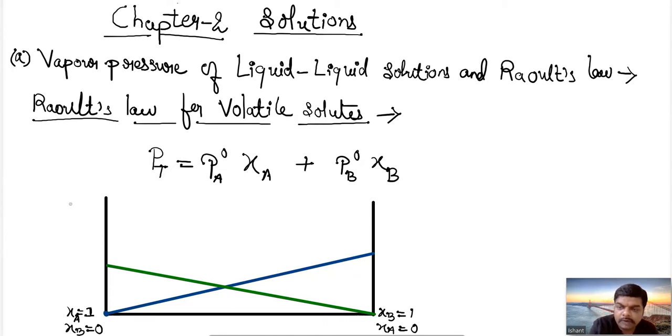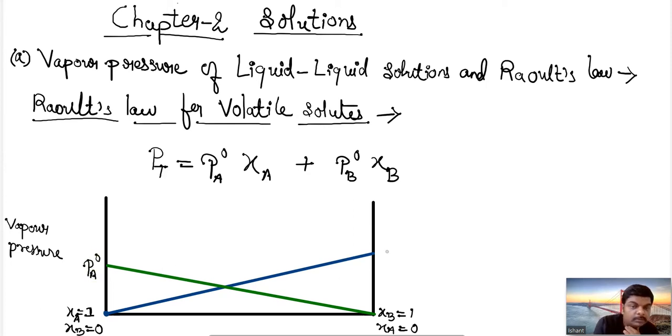On the y-axis we are denoting the vapor pressure. The green line represents the vapor pressure of component A, so at this point the vapor pressure for pure A substance will be denoted by PA naught.